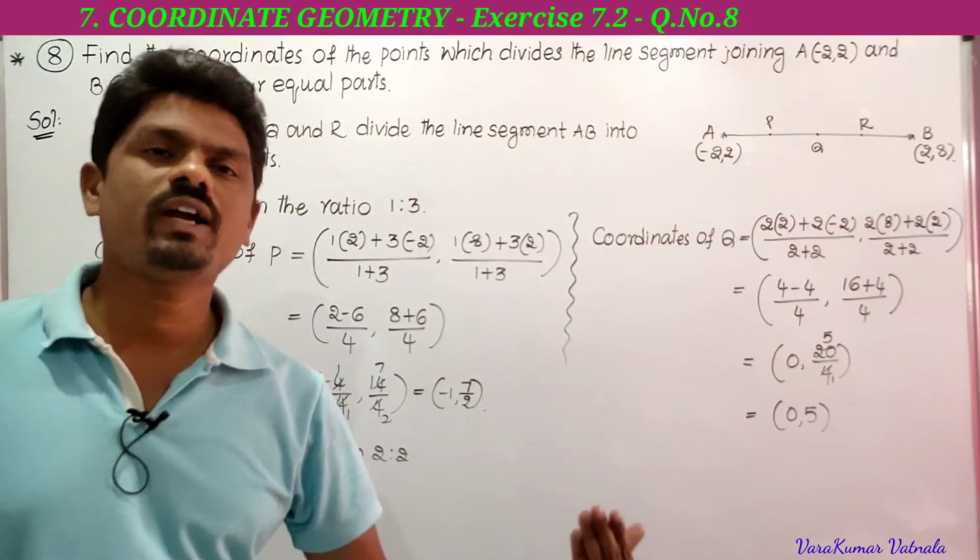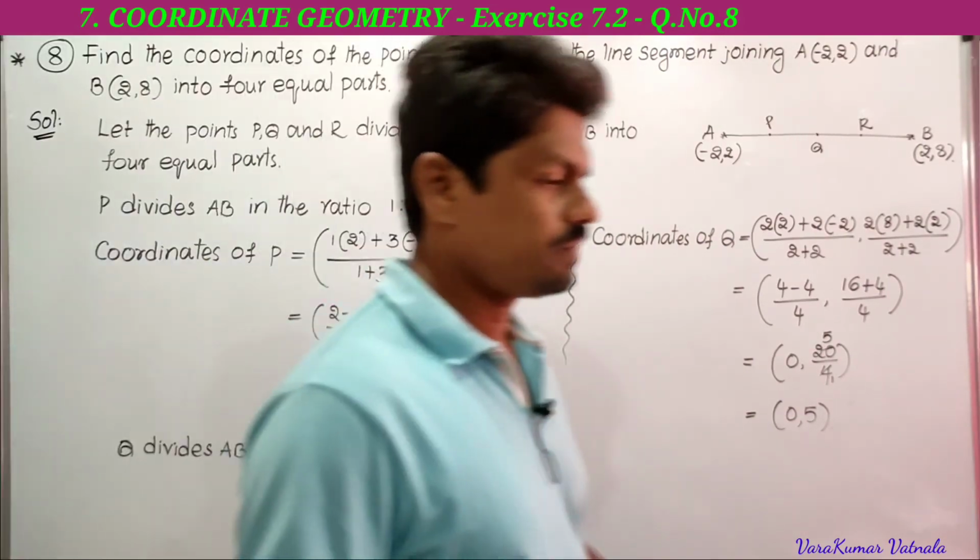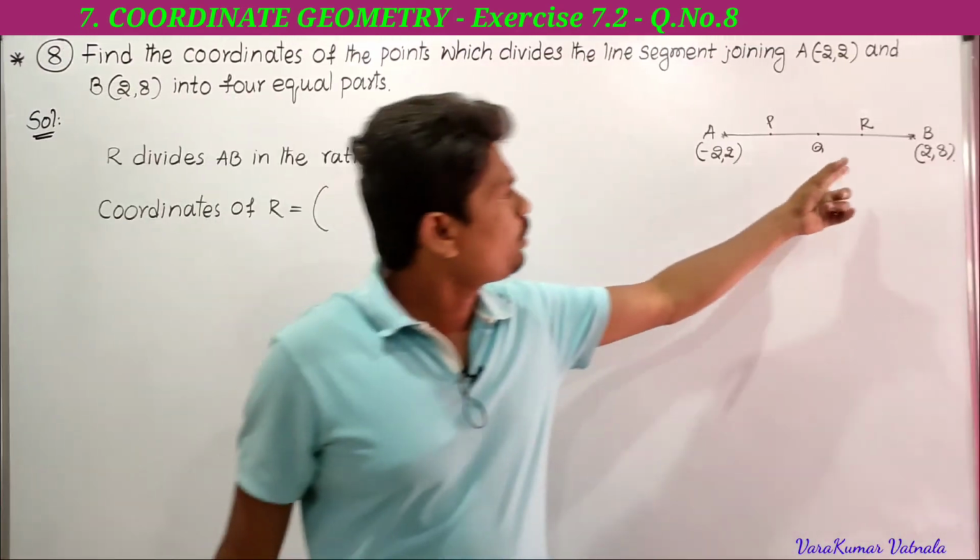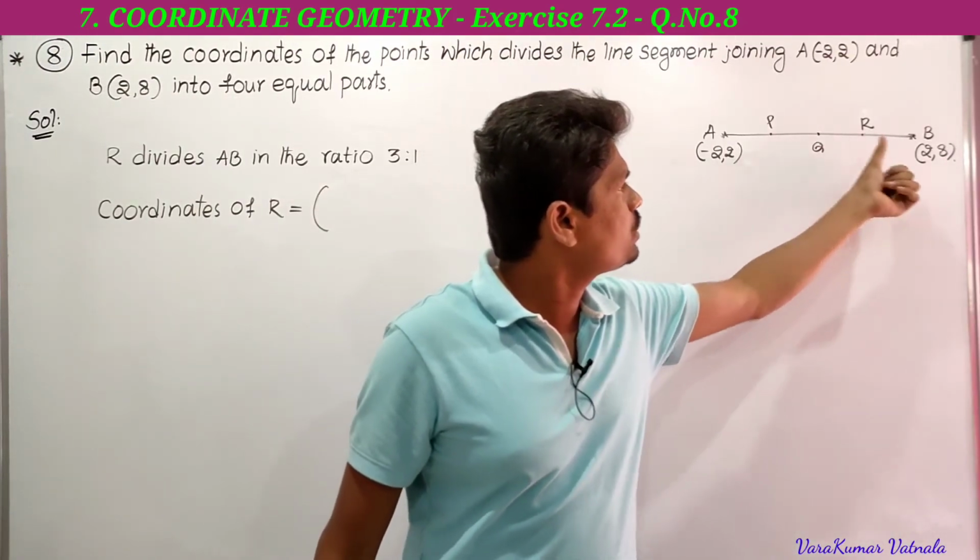So next we have to find the coordinates of R. Now R divides AB in the ratio 3:1.